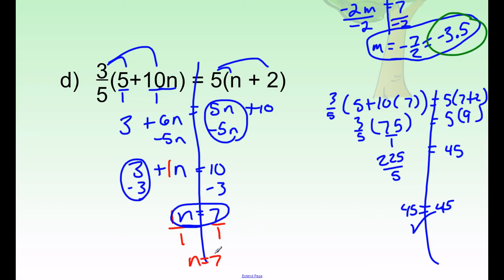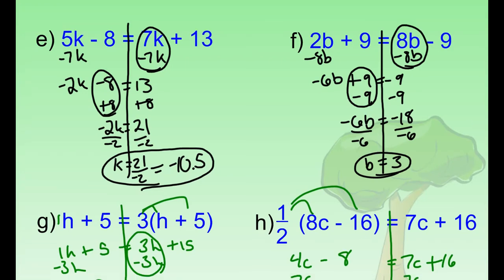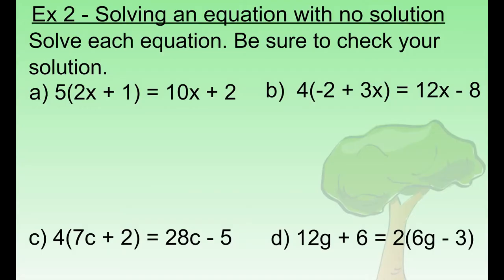There was 3.5, there was 7, there was 10.5, there's 3, there's negative 5, negative 8. We've always had one solution. We're going to start to see now what happens when these variables cancel out. What kinds of solutions can we get then?